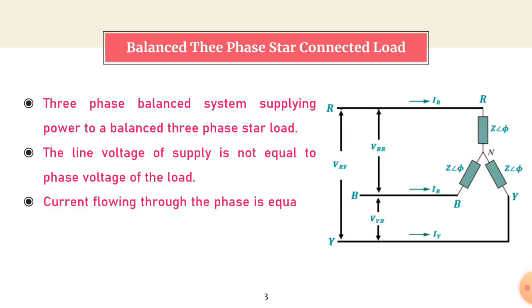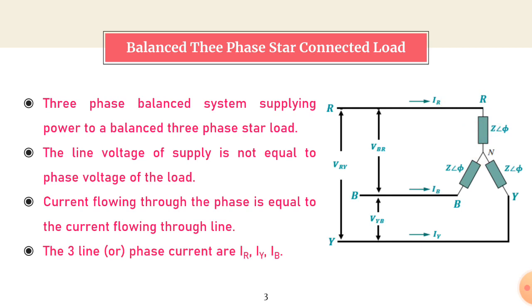The current flowing through the phase is equal to the current flowing through the line. So you can see in star connection the phase currents and line currents are the same. Hence the current flowing through the line IR will be equal to the current flowing through the phase IR, and so on.